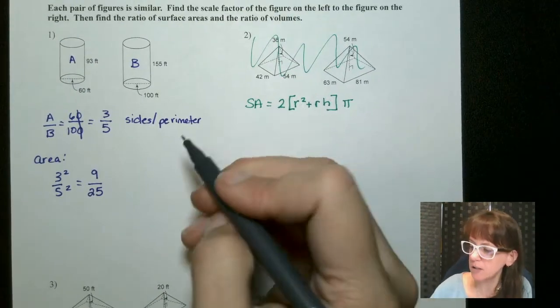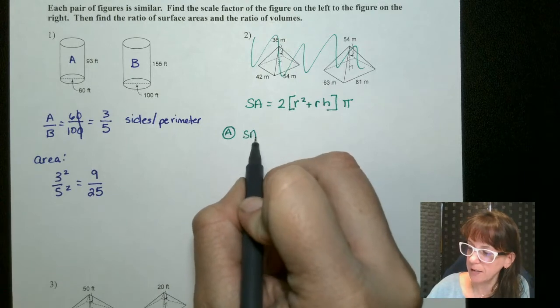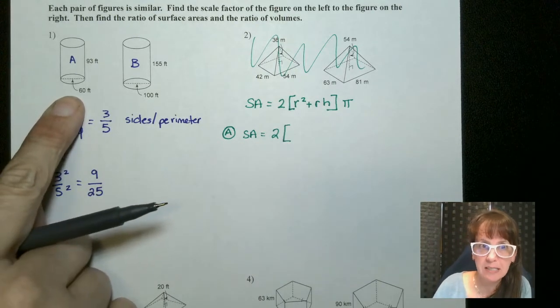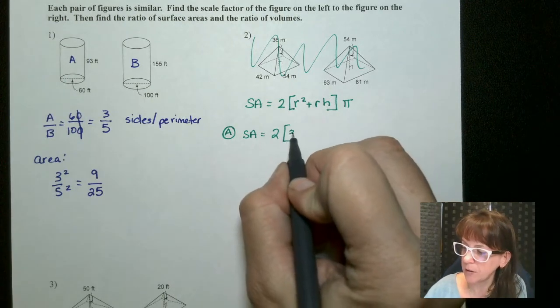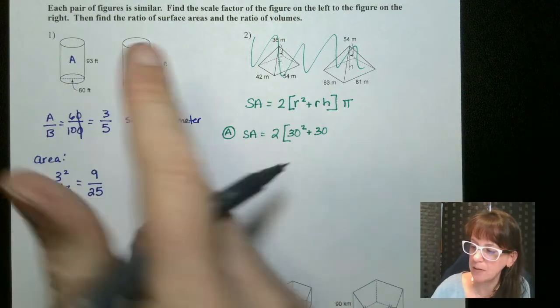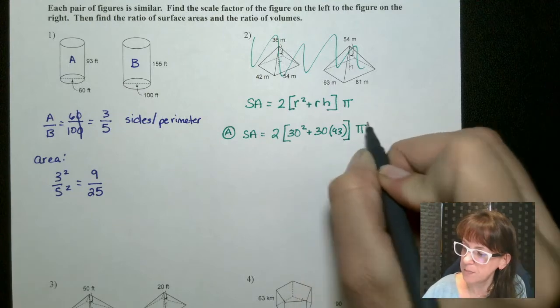So if I look at A, I get a surface area that equals 2 times pi times the radius. The diameter is 60 feet. It's a little hard to see, sorry about that. So we're going to say 30 squared plus 30 times the height, which is 93, times pi.